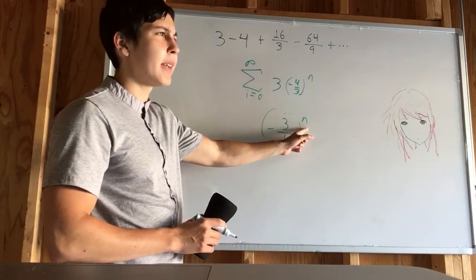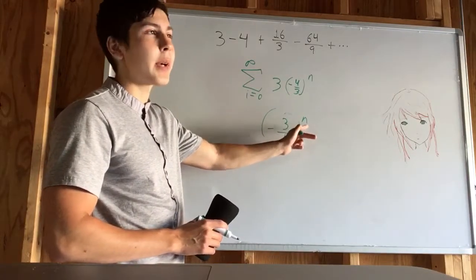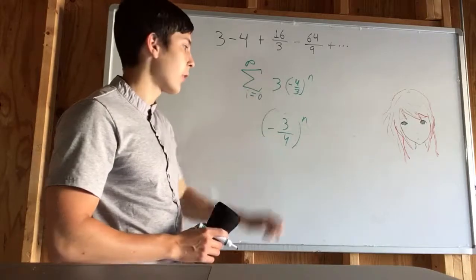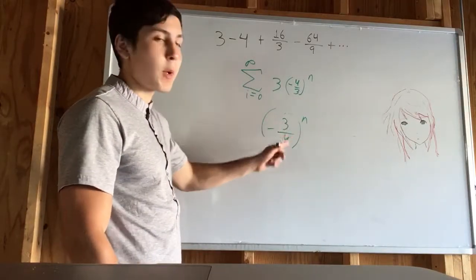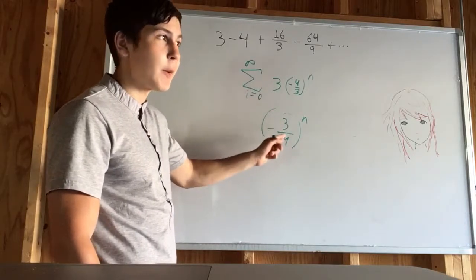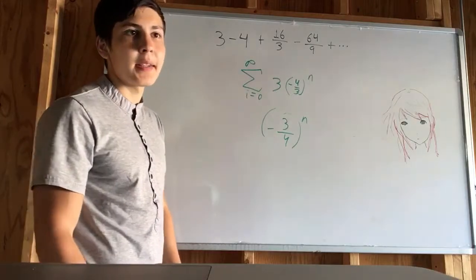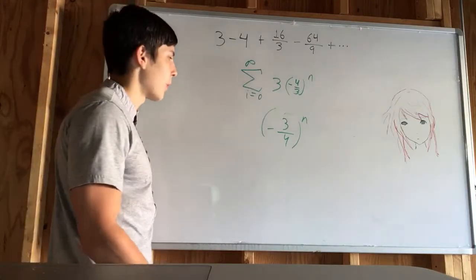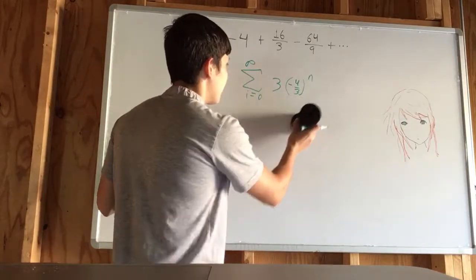Remember, we're plugging in 1, we're plugging in 2, we're plugging in 3, all the way down forever. And so this is going to get smaller and smaller. And so it does converge upon a number, because eventually you're adding 0 pretty much.